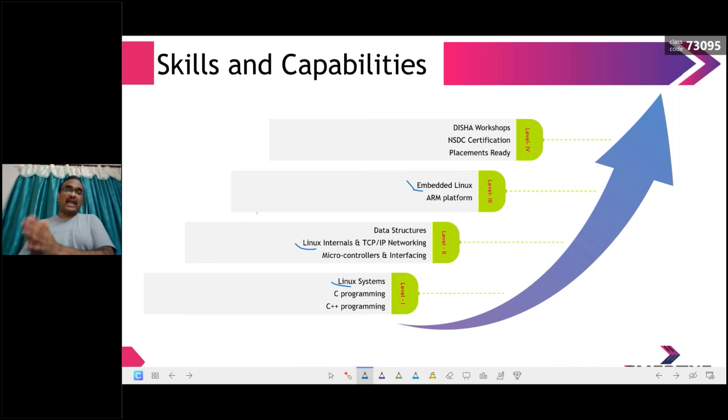But since Linux is not an RTOS, we will not be able to demonstrate that. That portion is covered at a theory or concept level.